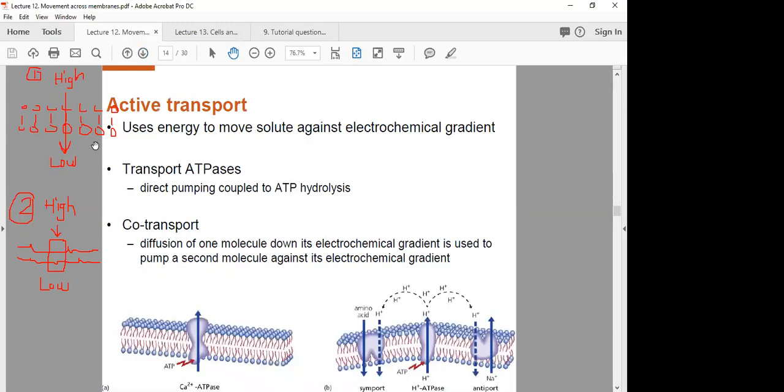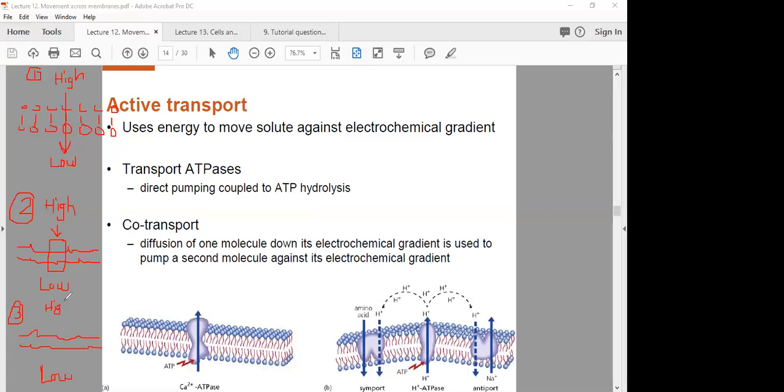All right, now we move on to our third transport mechanism. So number 3. And here's my lipid bilayer, and my drawing's getting worse all the time. There's my membrane. And this time we're going to look at a mechanism here, high to low.